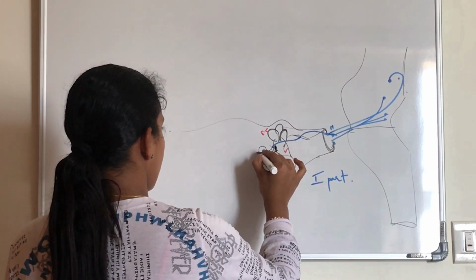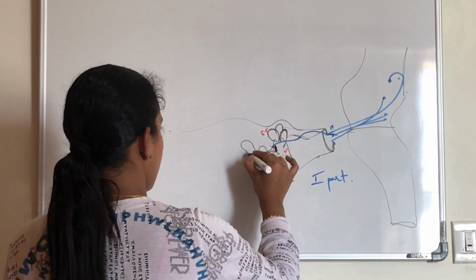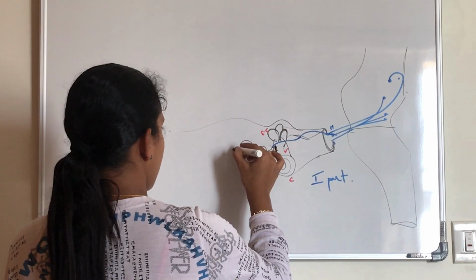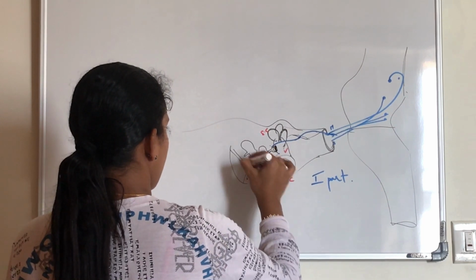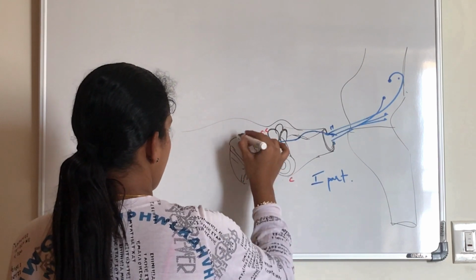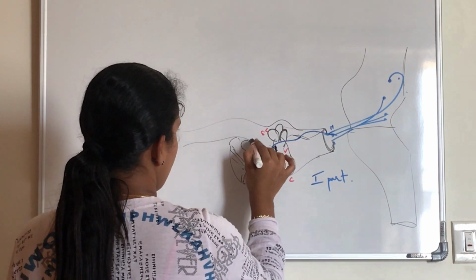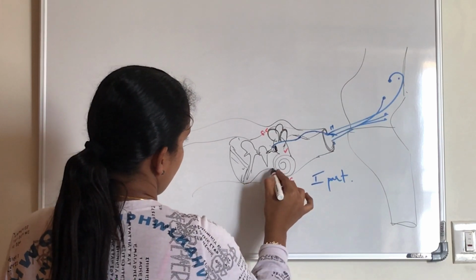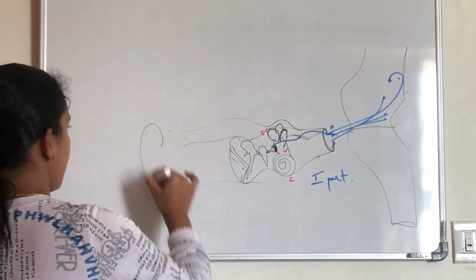Later it turns posteriorly in the medial wall of the middle ear cavity. So this is the middle ear cavity with 3 ear ossicles, tympanic membrane laterally, and the external auditory canal.